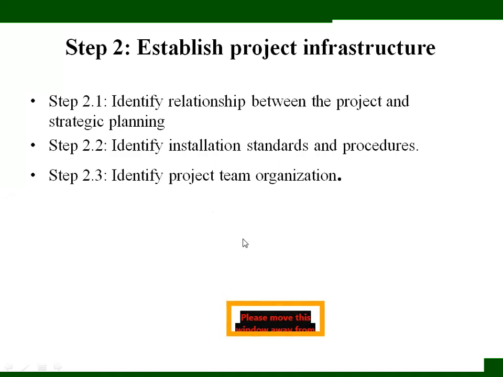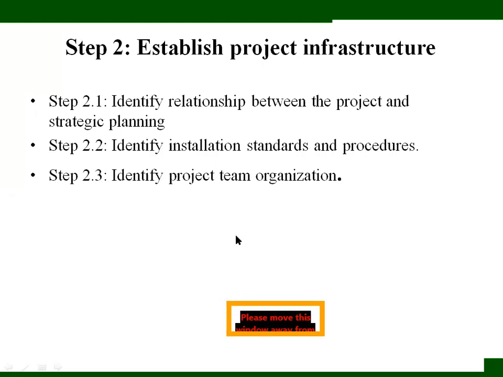Next point, identify installation standards and procedures. Here we have to identify what standards we have to follow for development and maintenance, what steps are needed to develop the project, or for configuration management, hardware or software infrastructure, the software requirements, and the system architecture.